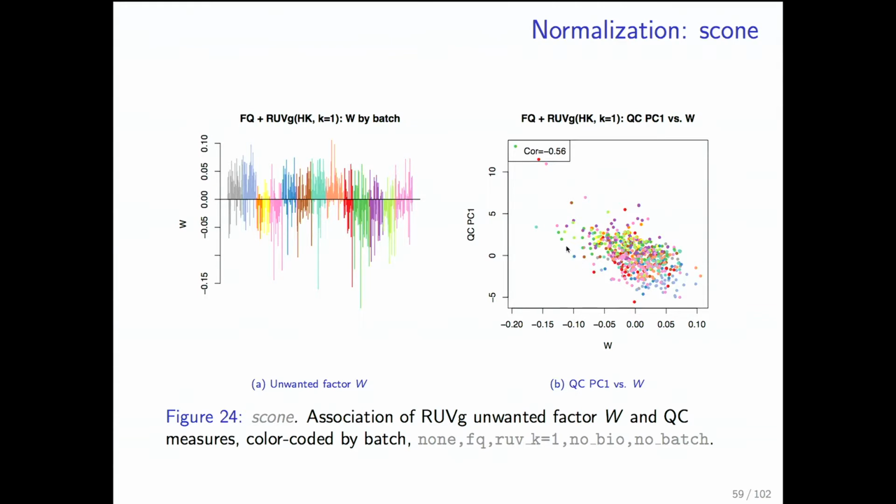And here is a scatter plot of the QC first principal component versus this unsupervised normalization factor, and it also captures some of the QC. So we could have almost ignored that we had batch information and QC information, and the unsupervised normalization would have captured similar effects.